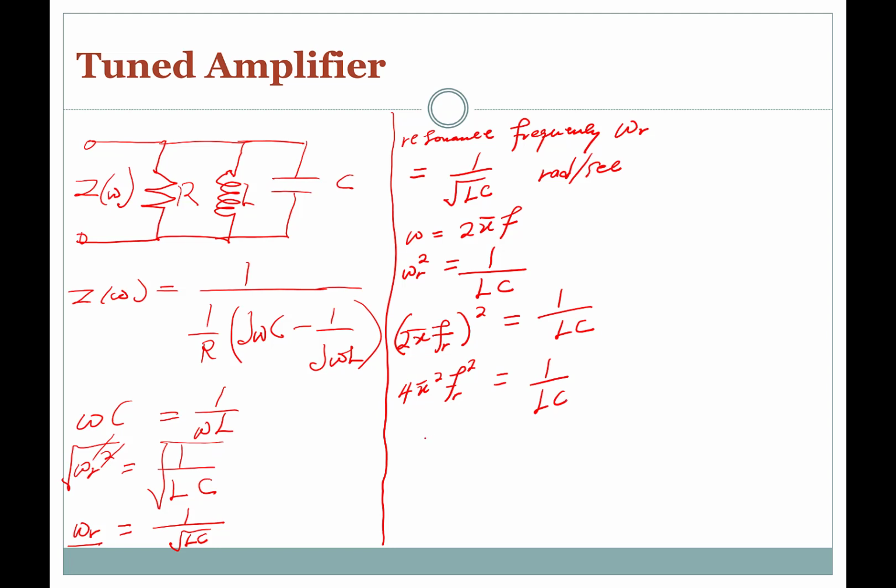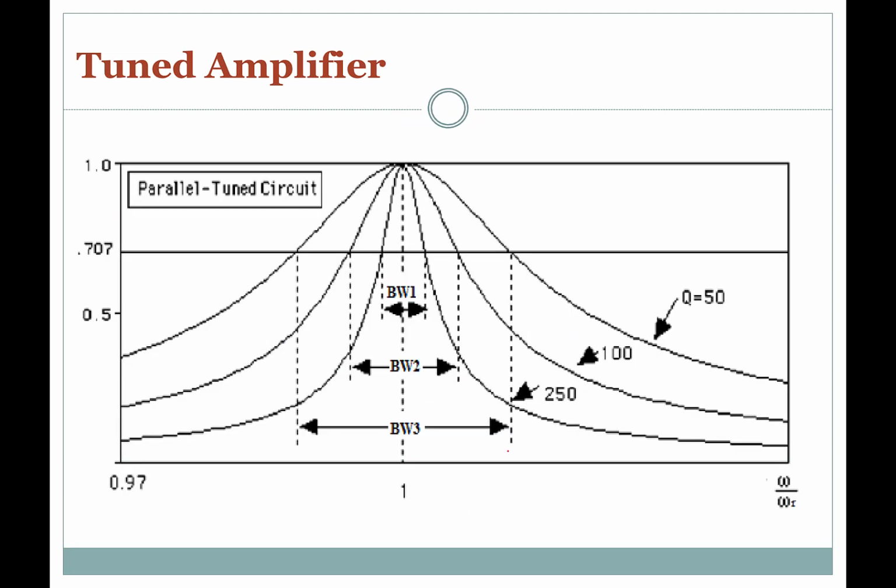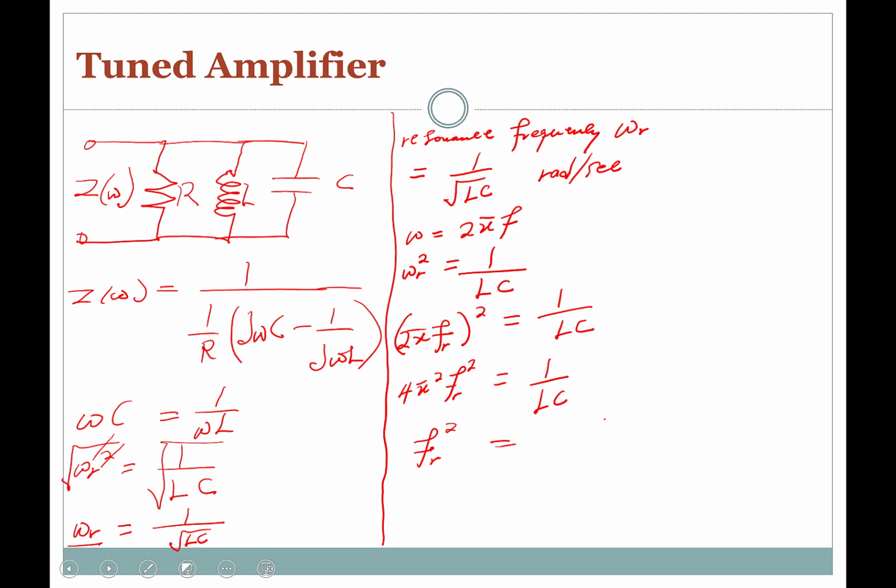So to make our resonance frequency in hertz the subject, we would have fR squared equals 1 over 4 pi squared LC. Taking the square root of both sides, again this will cancel this.